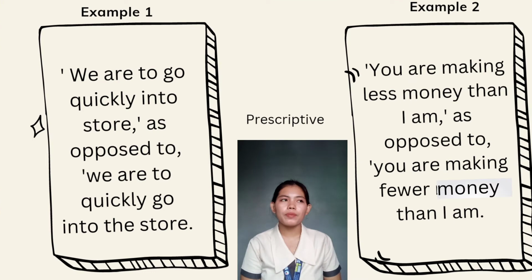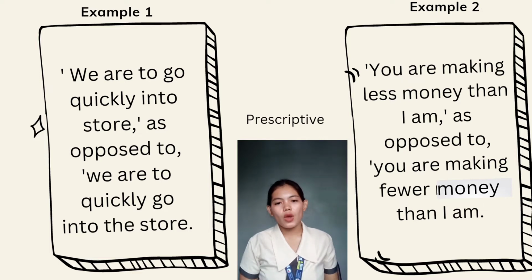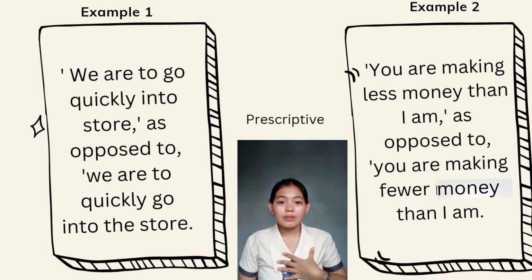Example number one: we are to go quickly into the store, as opposed to we are to quickly go into the store. The second example: you are making less money than I am, as opposed to you are making fewer money than I am.